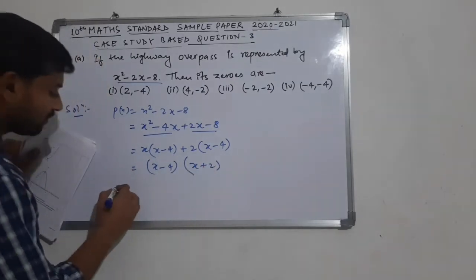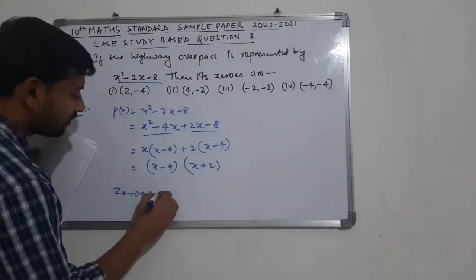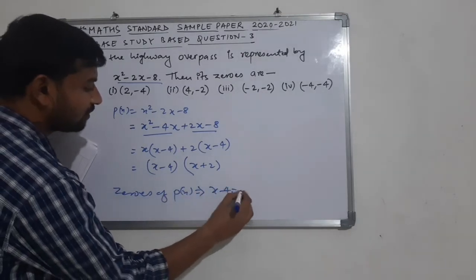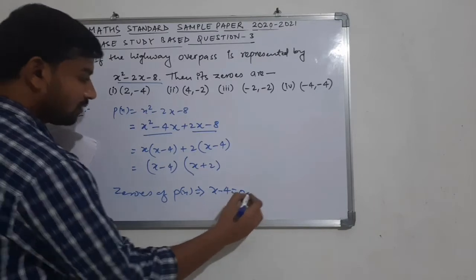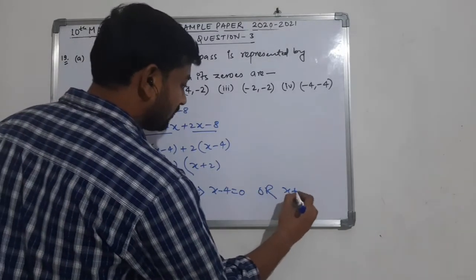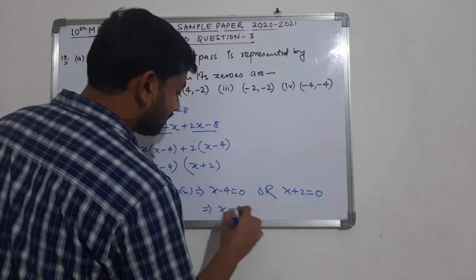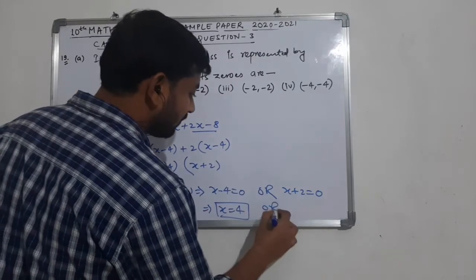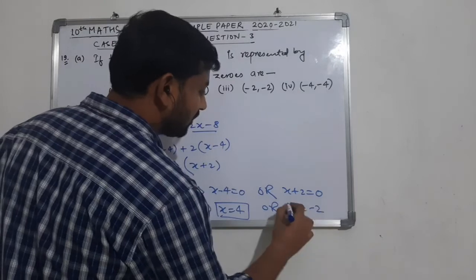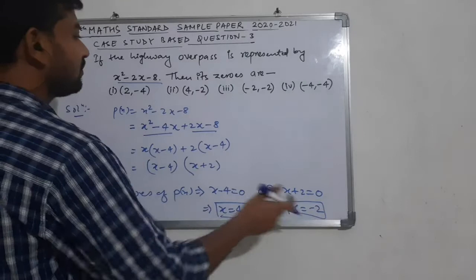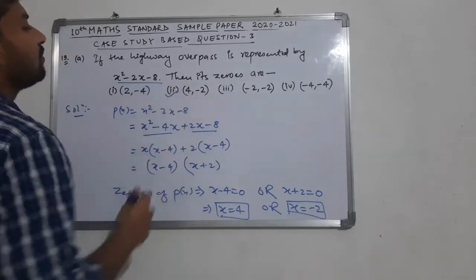So the zeros of p of x: x minus 4 is equal to 0, or x plus 2 is equal to 0. From here we are getting the value of x as 4, or x is equal to minus 2. So clearly we have 4 and minus 2, which is your second option.